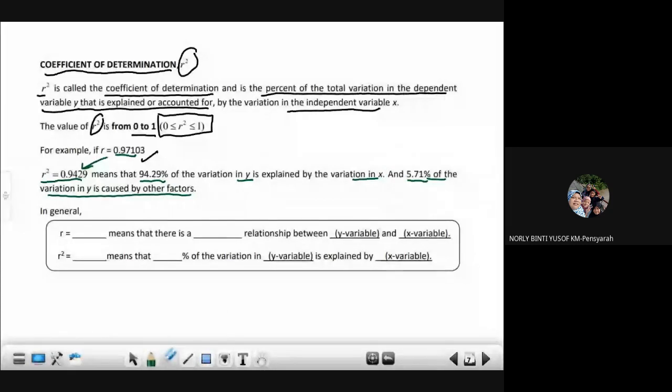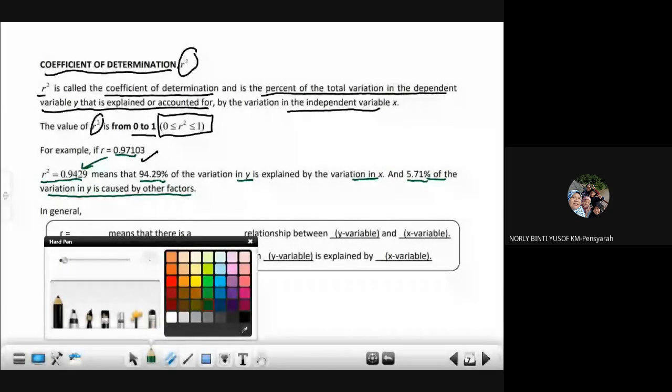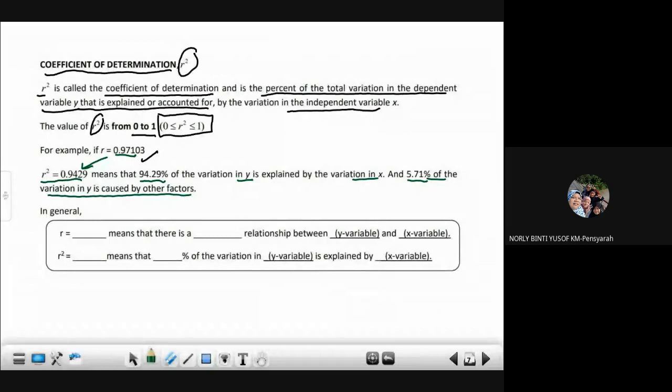Okay, so untuk generally, so inilah kotak yang kita kena ingat lah. So this one need to remember how you want to interpret R Pearson coefficient dengan coefficient of determination R squared.